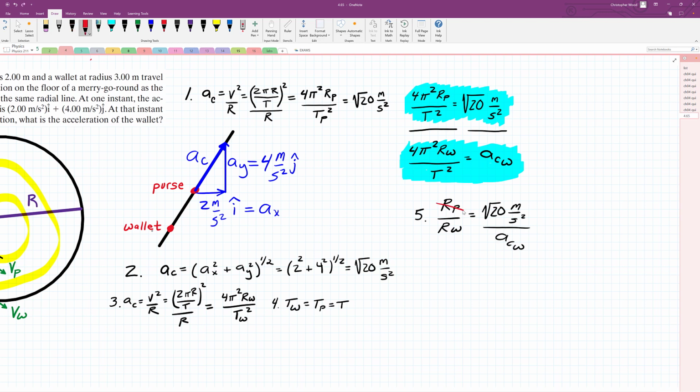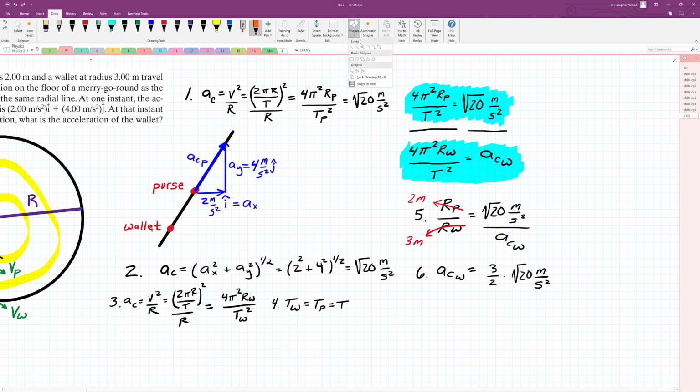Okay, I know my purse is sitting at 2 meters. R subscript P is 2 meters for my purse, and my wallet is sitting at a position of R subscript W of 3 meters. So now I can solve for the magnitude of my wallet's centripetal acceleration. Here it is.